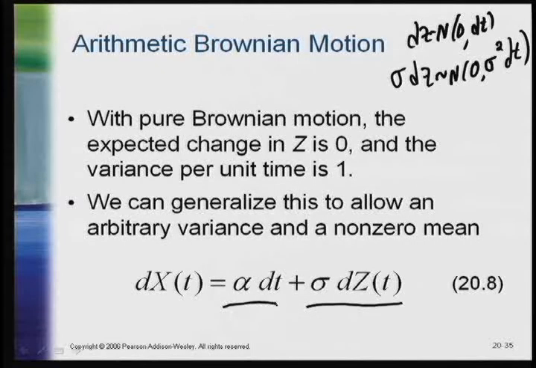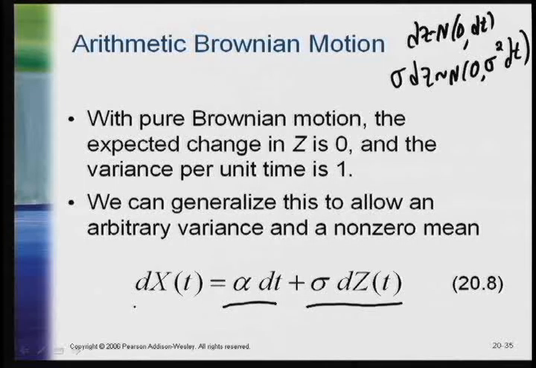Now notice that this alpha dt is saying that over any interval of time, the change in x is going to start off being alpha times the change in time. So we're introducing a drift, and what that does is shift the mean of the distribution.